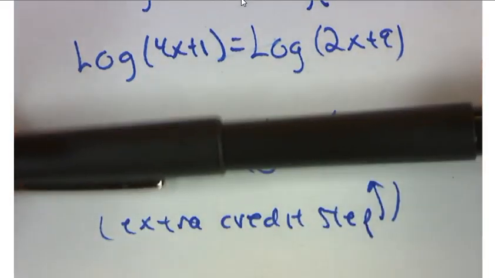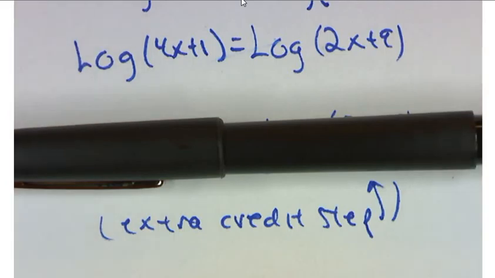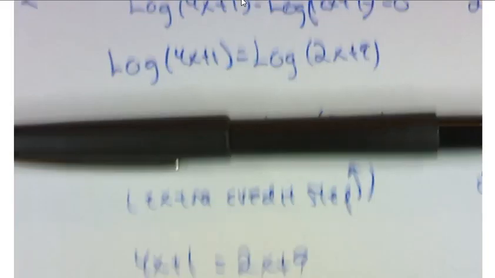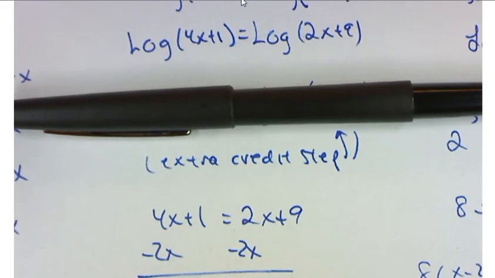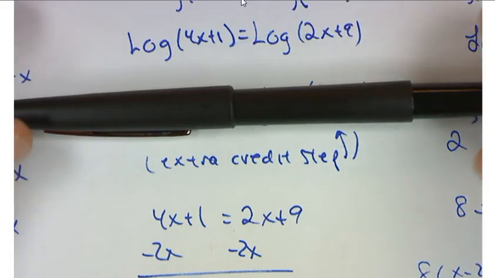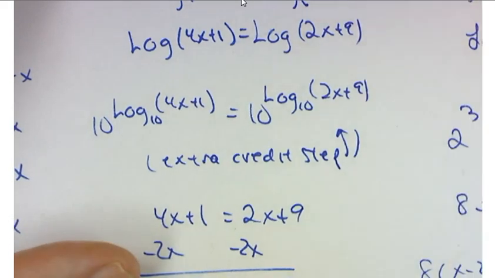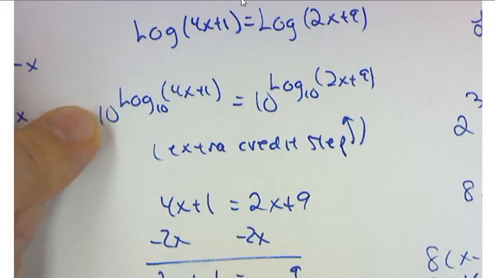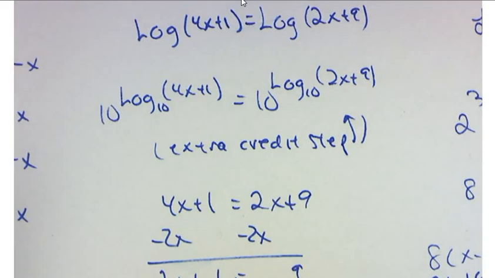In that case, you can get rid of the logs. It would look like this on your paper. You'd go from here down to here. That's what I expect for most of you. For those of you who want that extra point of credit, this is the step that you actually use to try and finish this off.